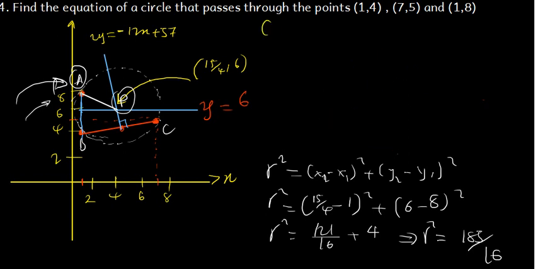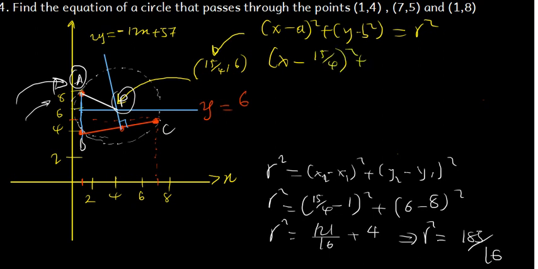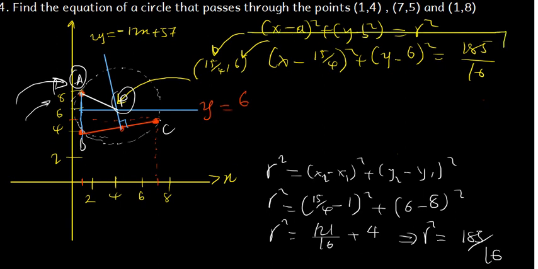The circle is given by x minus a squared plus y minus b squared is equal to r squared. For a, that is the x value of the center, 15 over 4, squared. And then y minus b, the y value of the center, that is 6, squared, is equal to r squared. The value of r squared is 185 over 16. So this gives us the equation of this circle which we have at this point.